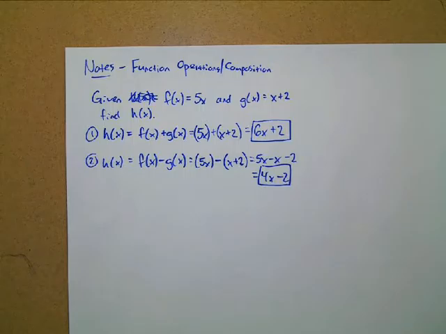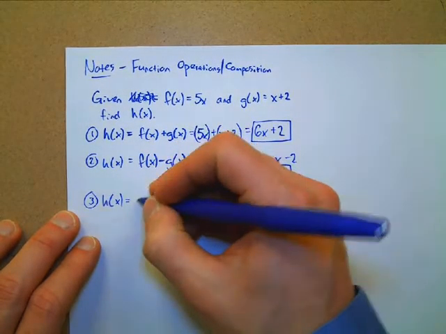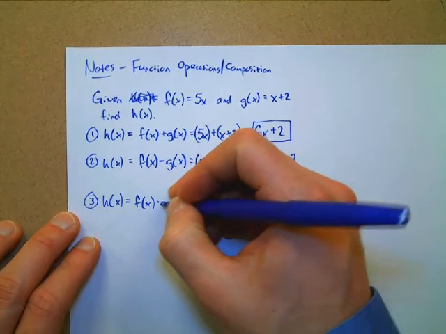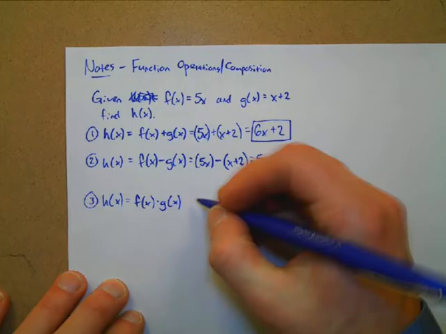Well, h of x could instead be, what about f of x times g of x? We can actually multiply functions together too, right? Which would look like 5x times x plus 2.